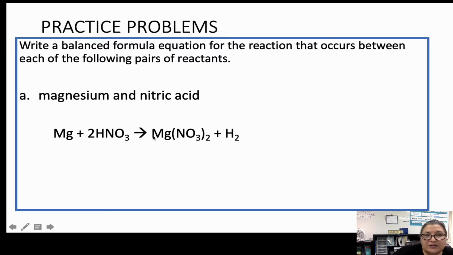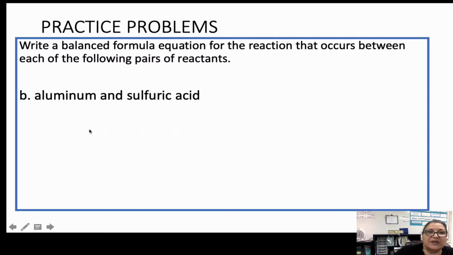We know that magnesium has +2, nitrate has negative, crisscross, magnesium gets 1 and NO3 gets 2, so Mg(NO3)2, and then hydrogen is given off. To balance, you have 2 NO3, so we put 2 in front. So now the hydrogen is balanced and NO3 is balanced.